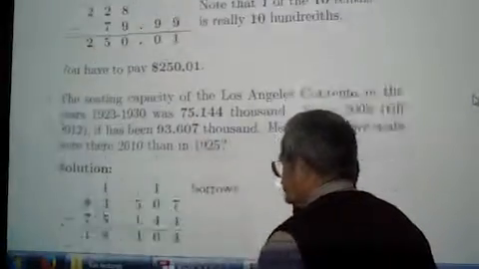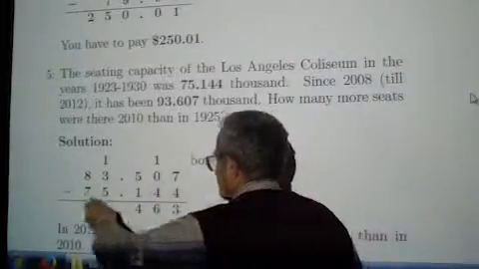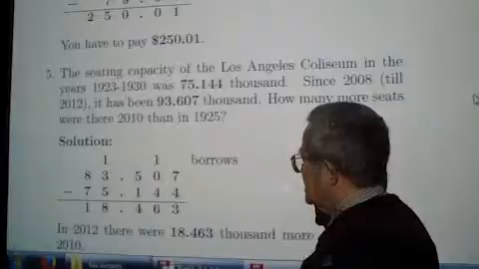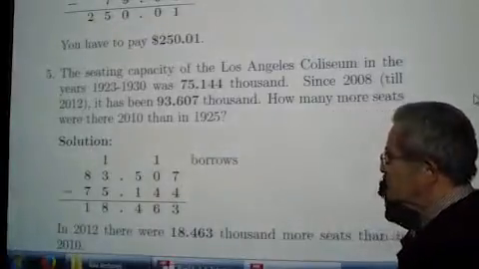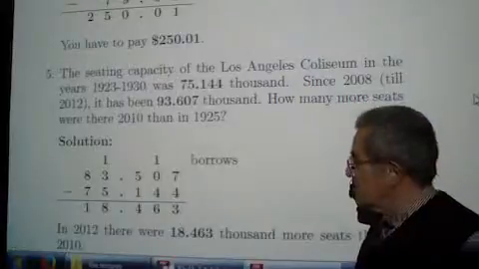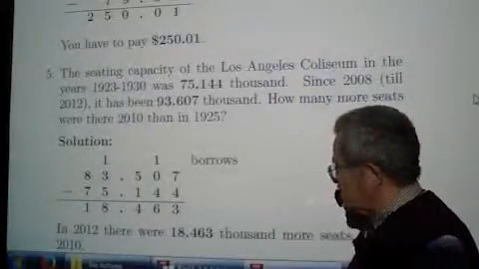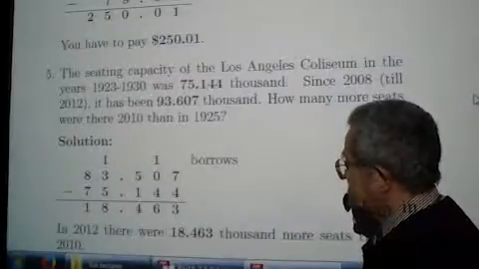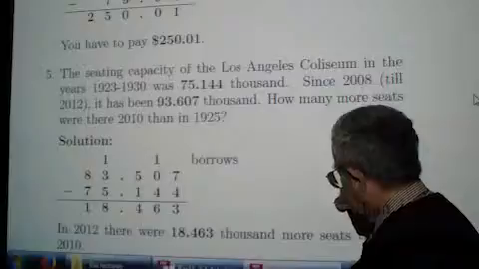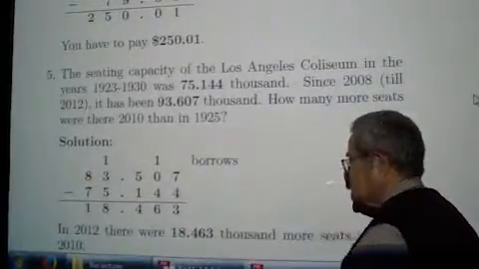You do a subtraction. 83.507 minus 75.144. And I come up with 18.463. So 18,463 seats. Because 1,000, I multiply by 1,000, the decimal point moves 3 places to the right.